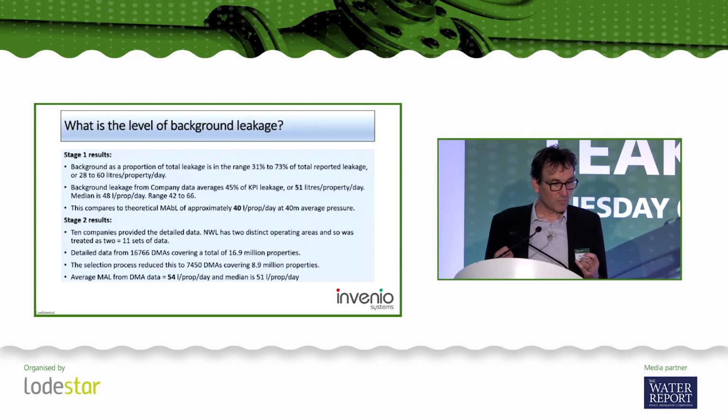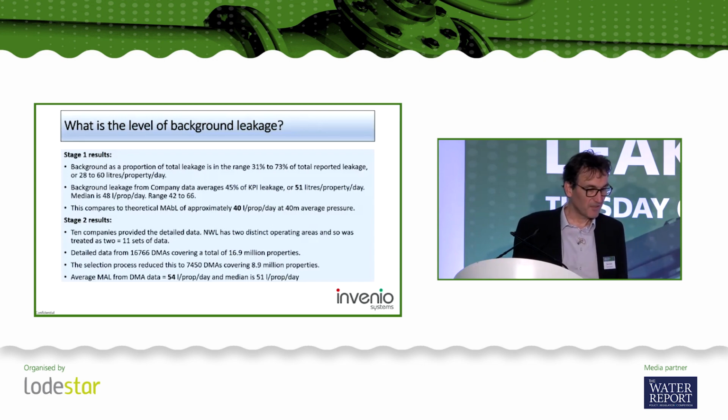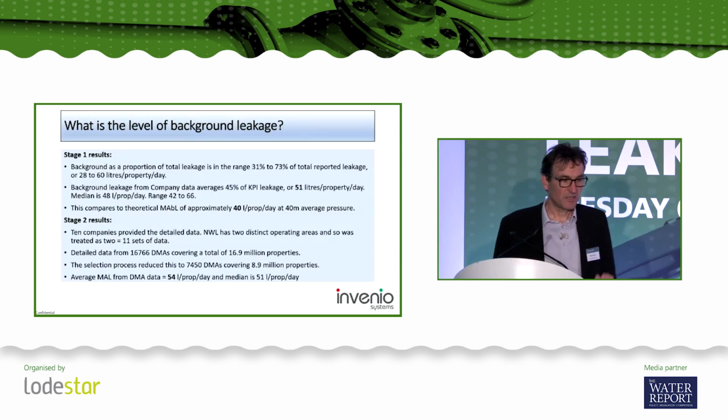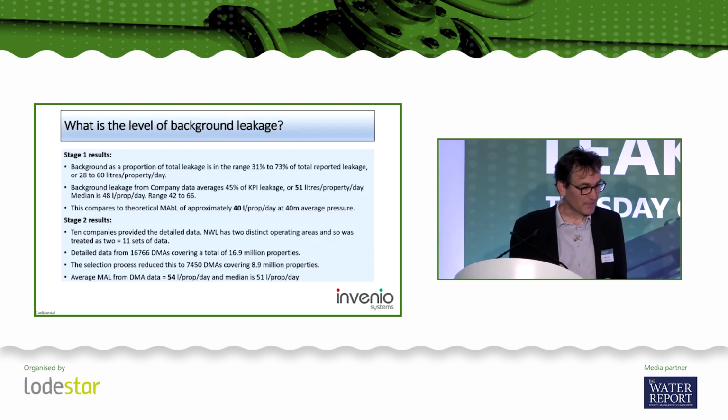Which, you'll see in a minute, is around about half of companies' reported leakage. That's slightly higher than we'd expect the minimum achievable leakage level to be. But there's a lot of uncertainty in that because of pressure data apart from anything else.